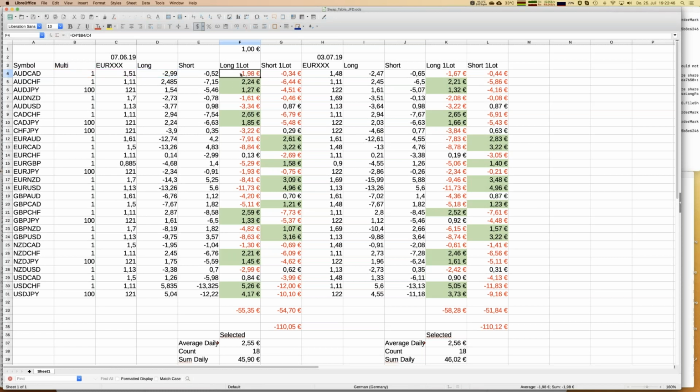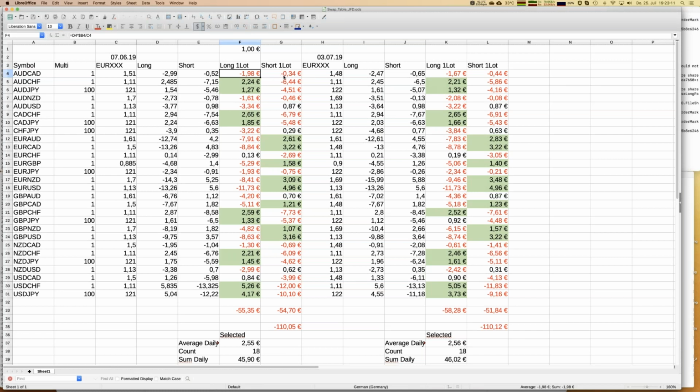And then you see, okay, a 1 lot trade, Australian dollar, Canadian dollar, would bring you per night €2 costs for a long trade, and 34 cents for a short trade. Okay, that's already a hint that the interest rate difference between those two countries, Australia and Canada, might not be that high.